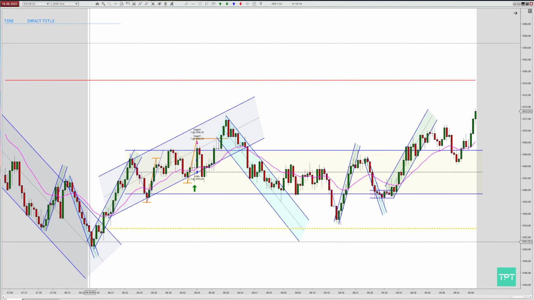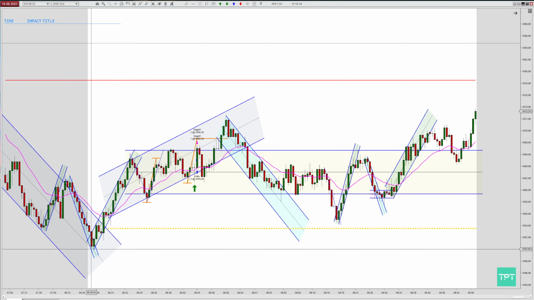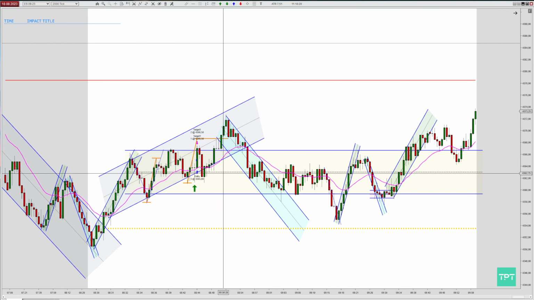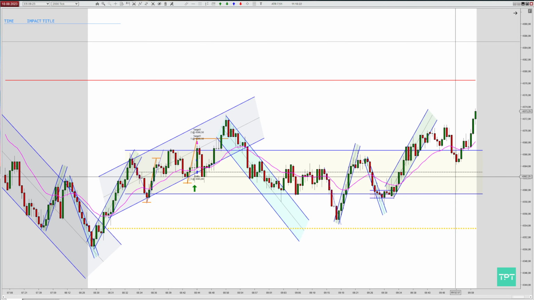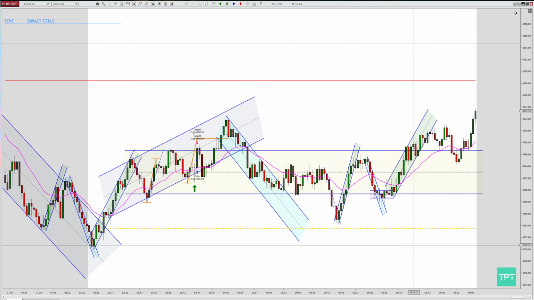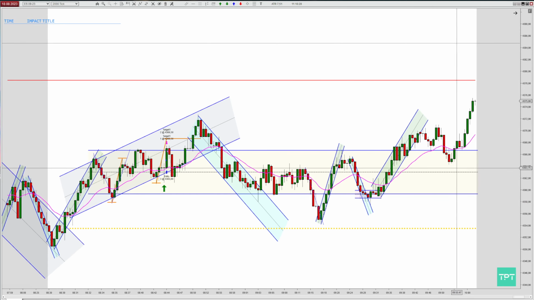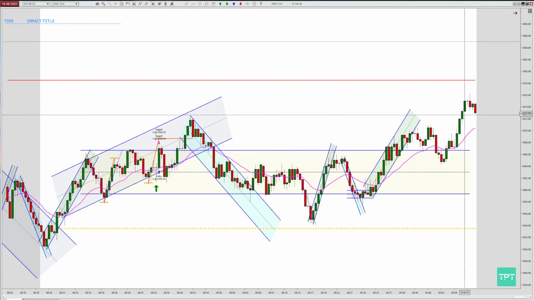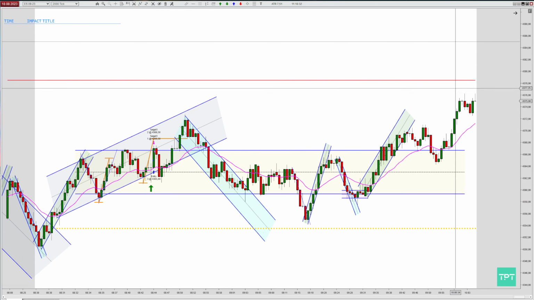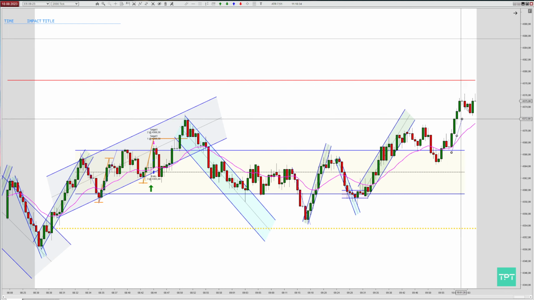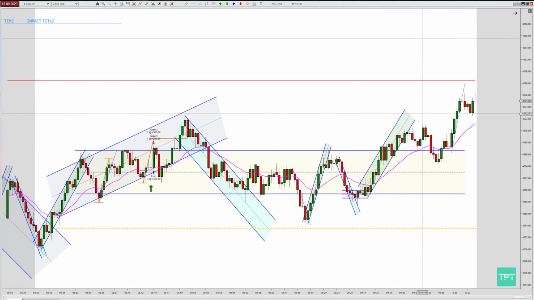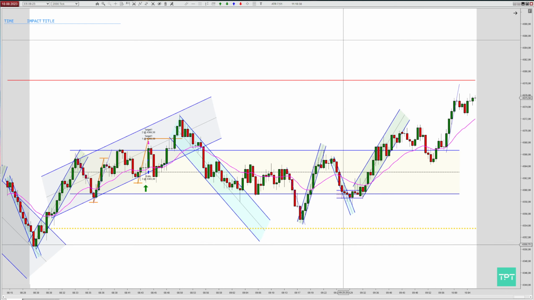Notice we entered the range from below, so usually prices also leave the range to the top, and this is what prices are doing here. And we are strongly pushing above the EMA. This is a sign that something has changed and that we can look for potential uptrends here.